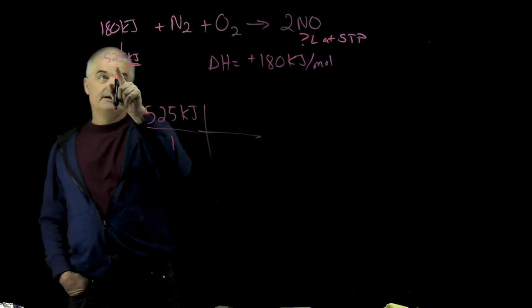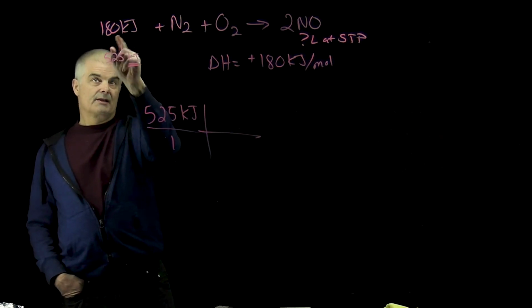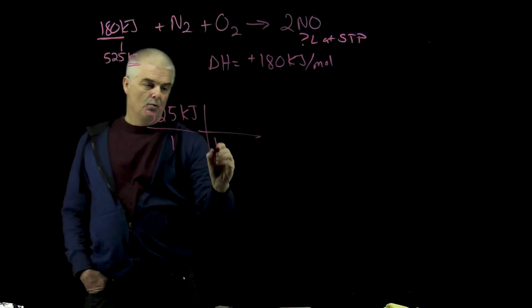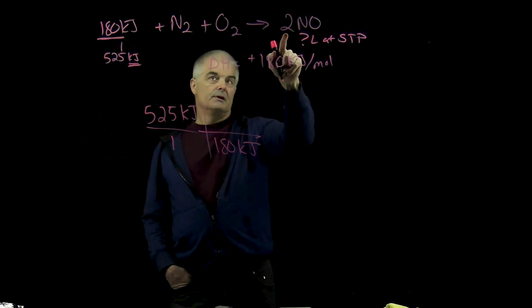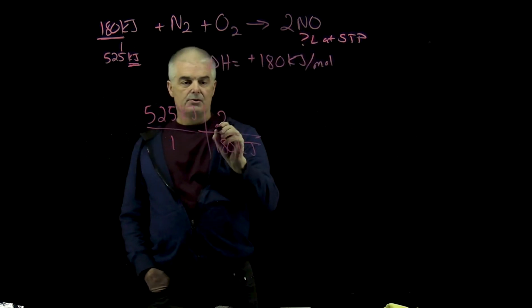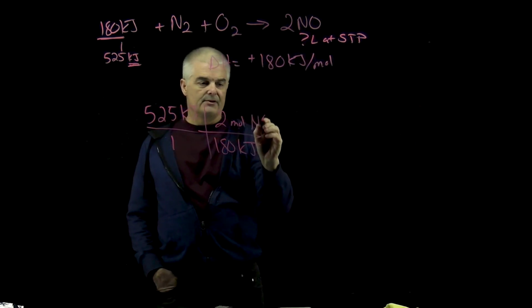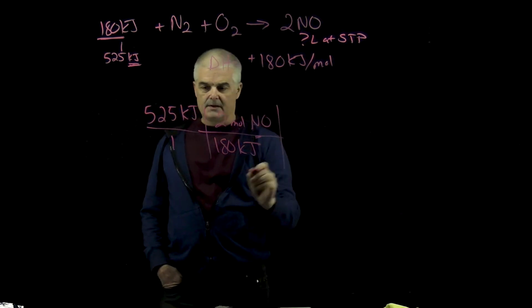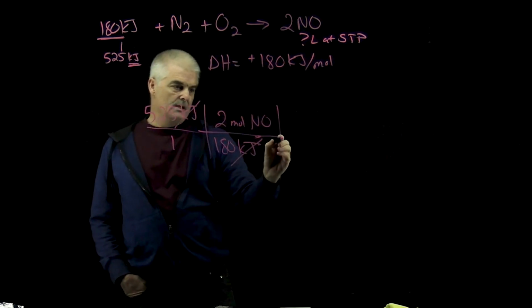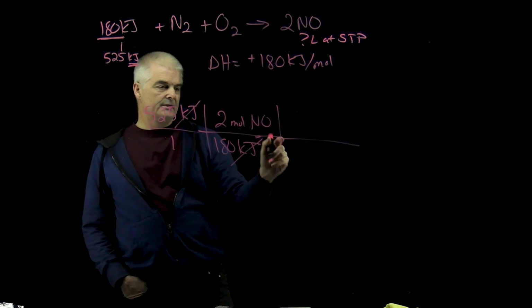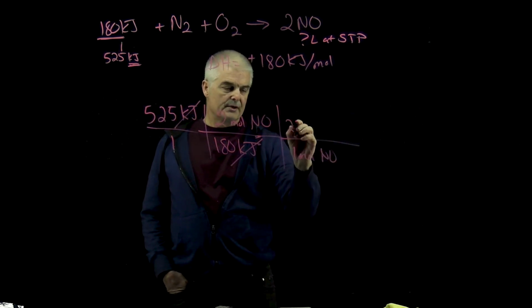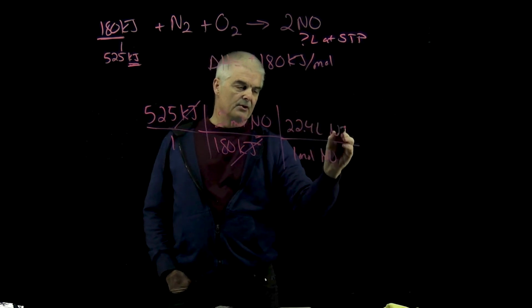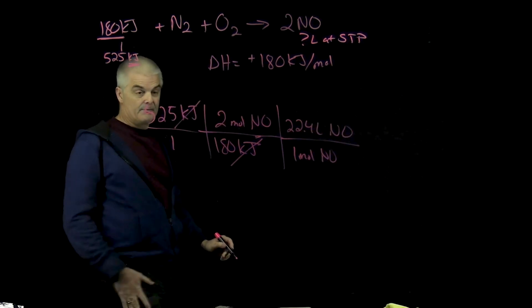Then think of this as like the coefficient, 180 kilojoules is equal to, look at this, 2 moles of nitrogen monoxide. The kilojoules cancel. One more step. I want to go from moles to liters. I'll say 1 mole of NO is equal to 22.4 liters of NO. Gosh, I'm using the mole map to solve that problem, right?